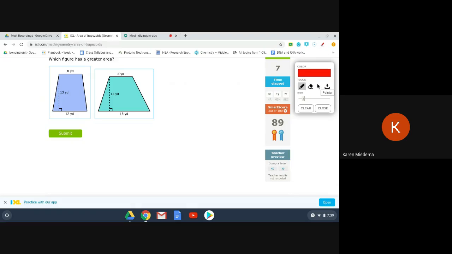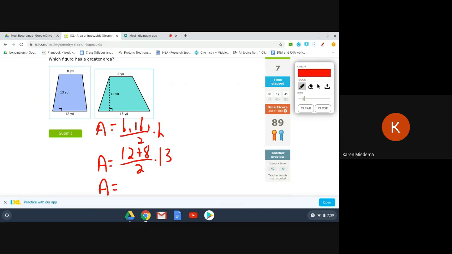So for the one on the left, I got area equals b1 plus b2 over 2 times h. Substituting in, I get b1 is 12 plus b2 is 8 all over 2 times 13.